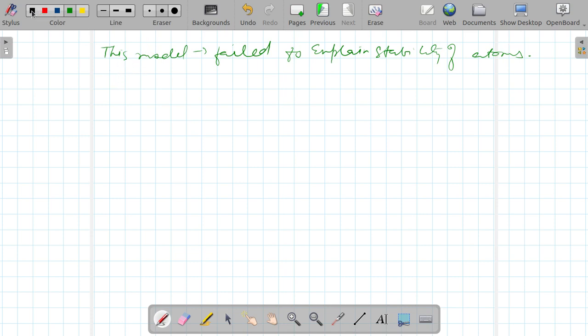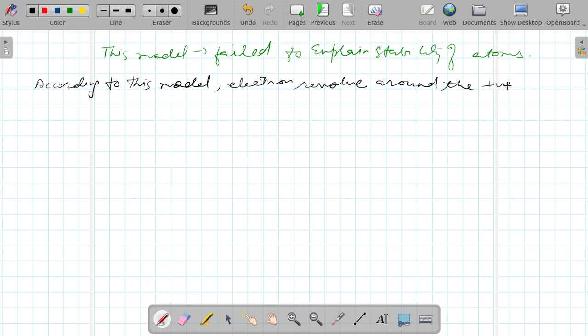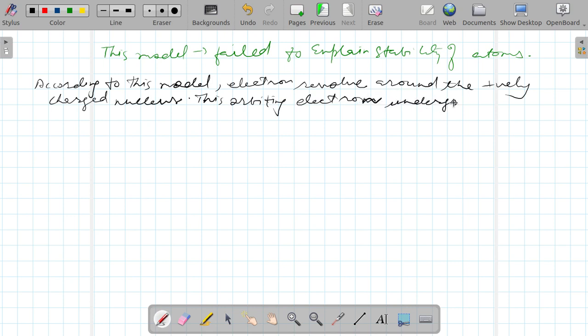According to this model, electrons revolve around the positively charged nucleus, and this orbiting electron undergoes acceleration, and this acceleration is due to circular motion.